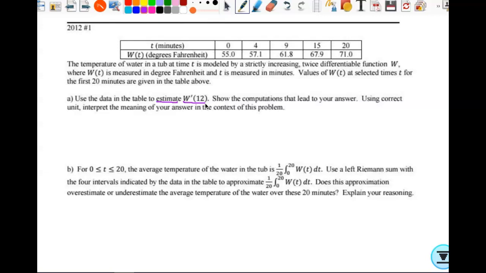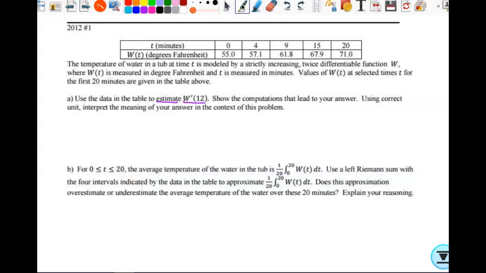Are we going to be integrating? Okay. I'm looking for what is the derivative usually, what does the derivative represent? Slope or the rate of change, right? At a point, exactly. Instantaneous rate of change. So I want to know I'm going to estimate what is the rate of change at 12, right?